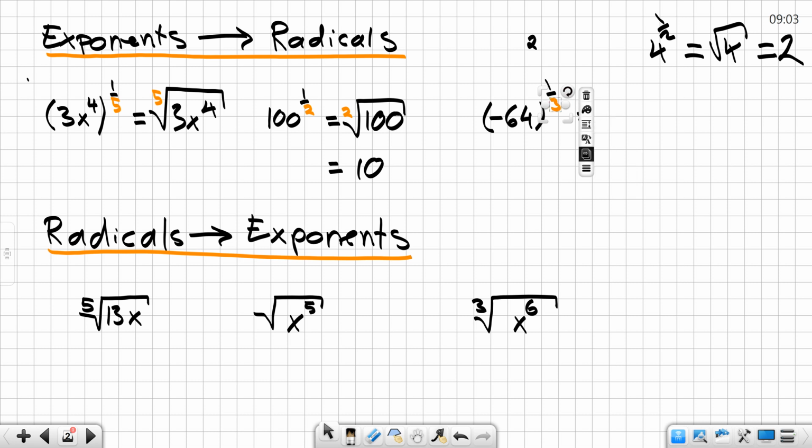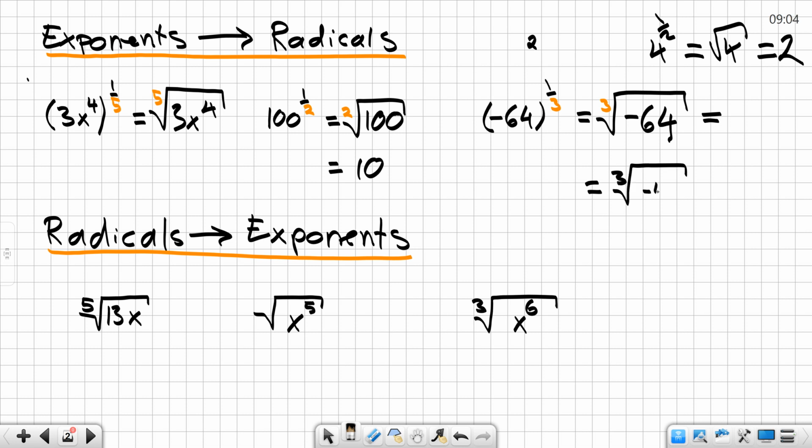I have a 3, and that means if I rewrite this, I get the 3rd root, the cubic root, out of -64. And if I rewrite it like this, maybe that will help. Because in the future, this is what we are going to do. A -64 is the same thing as a -4 raised to the 3rd power. And we have seen in the last lecture that this will be just -4.